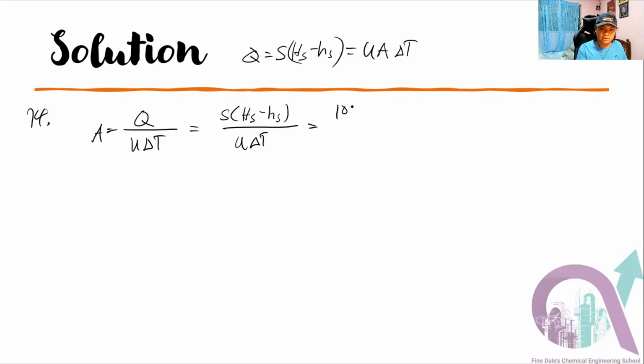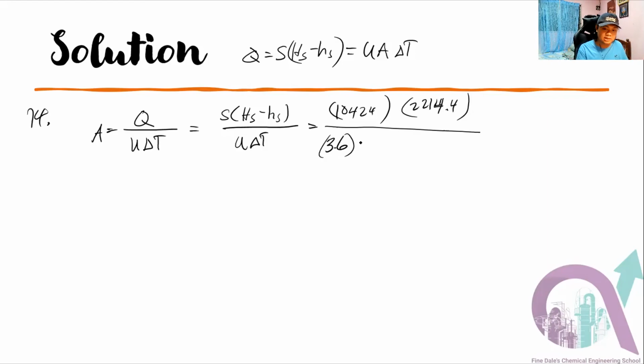Okay, so you have 10,424, but this is kilograms per hour. And then you have your latent heat of evaporation, which I just subtracted already, 2214.4 over 3.6, a little conversion factor.